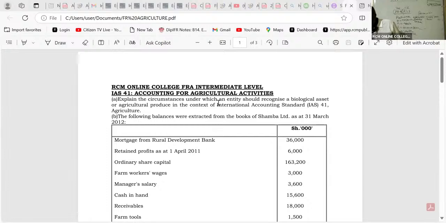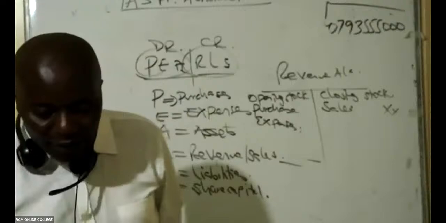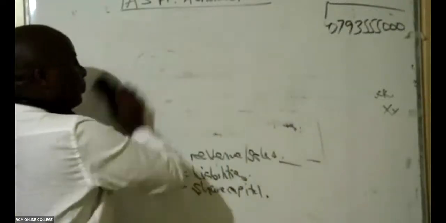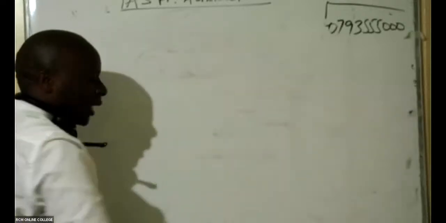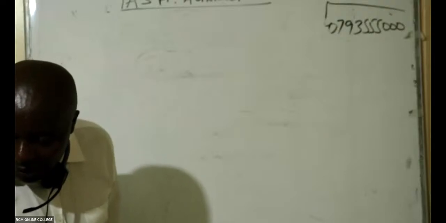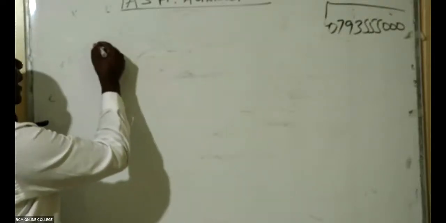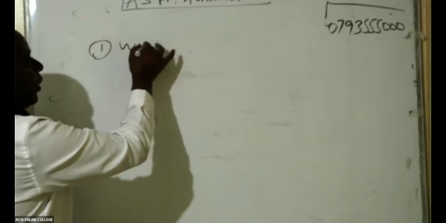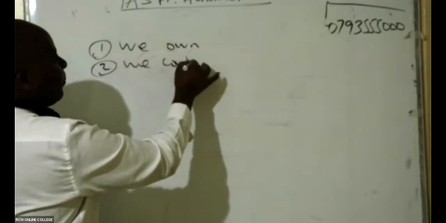Number one, the first circumstance you should find yourself in to account for this biological asset is that the company must be owning it. I can only account for a biological asset if I own it. Number two, we control it.